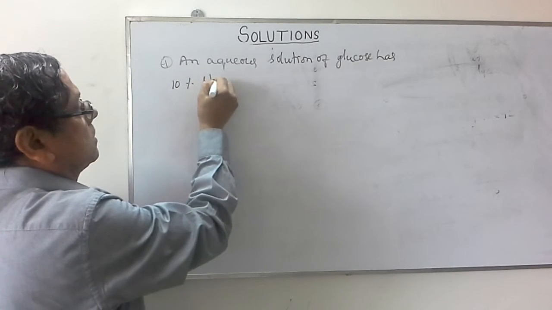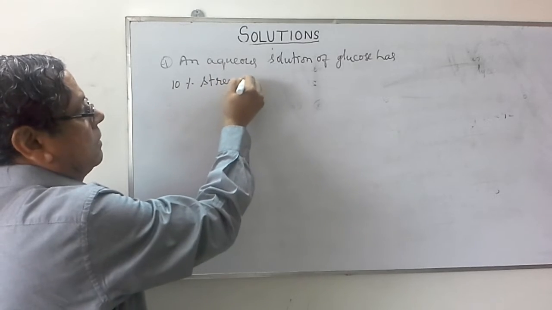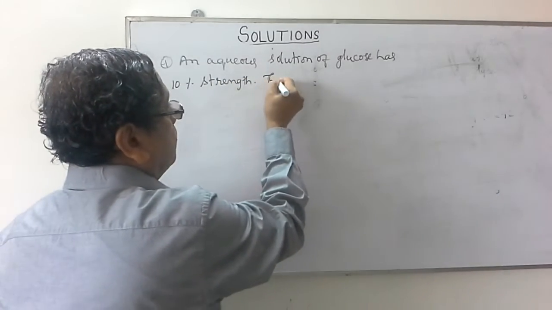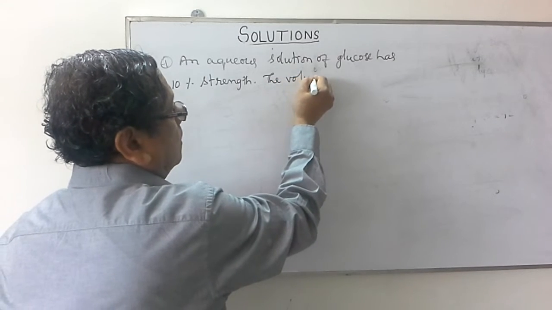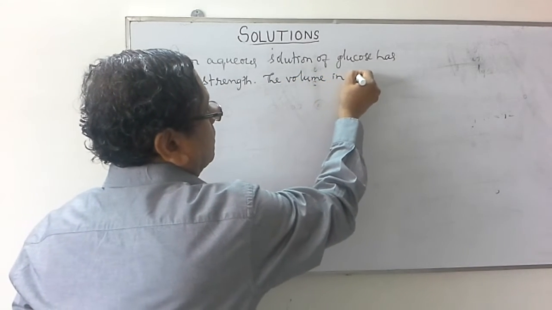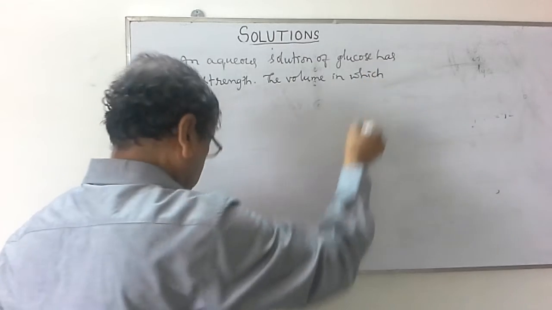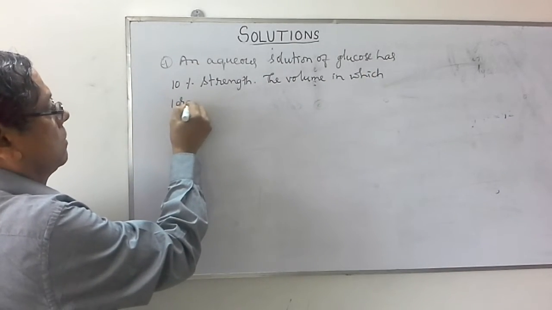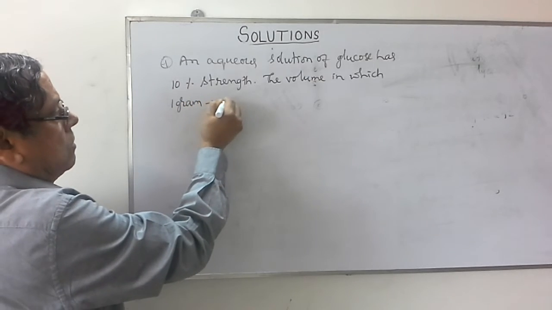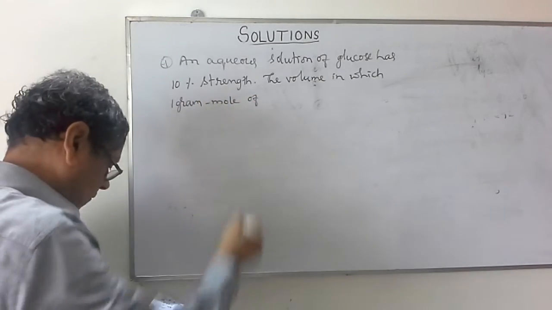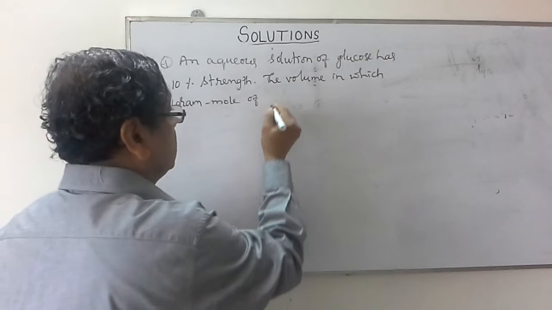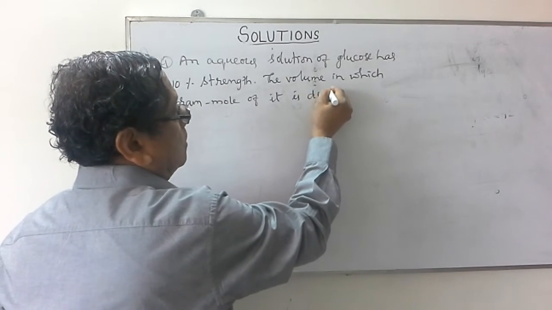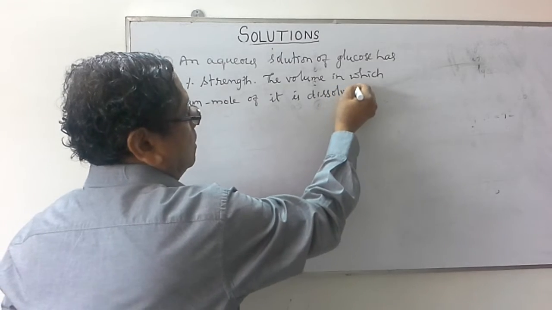What is the volume in which 1 gram mole of it is dissolved?